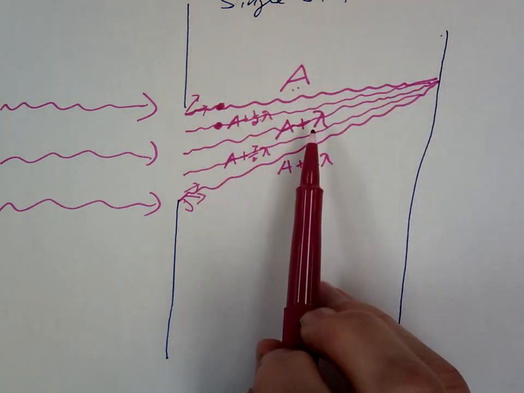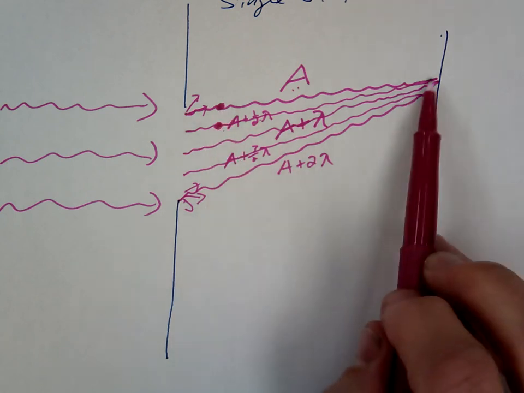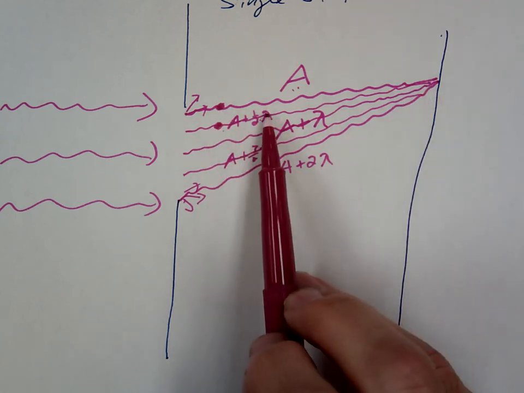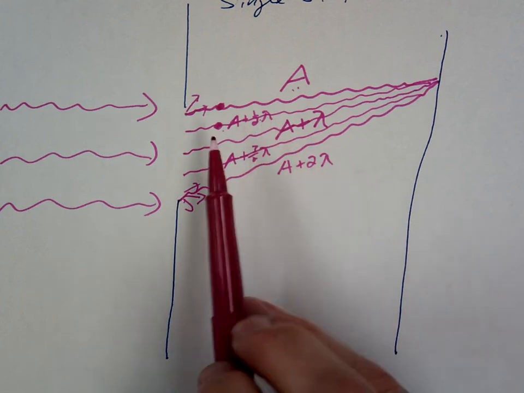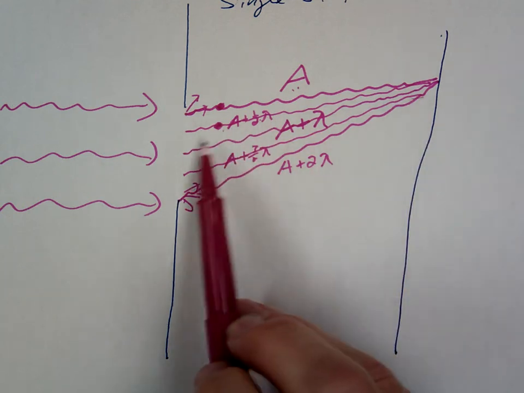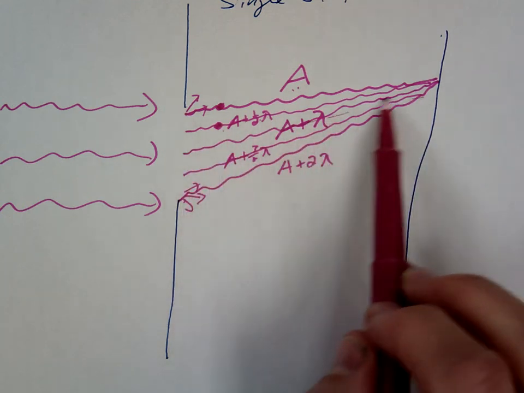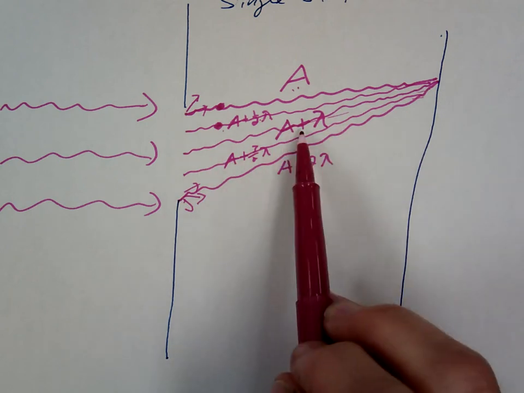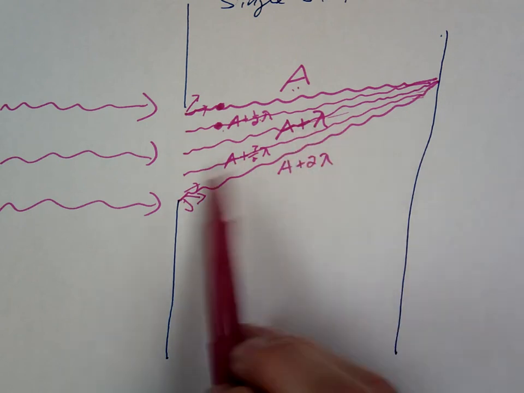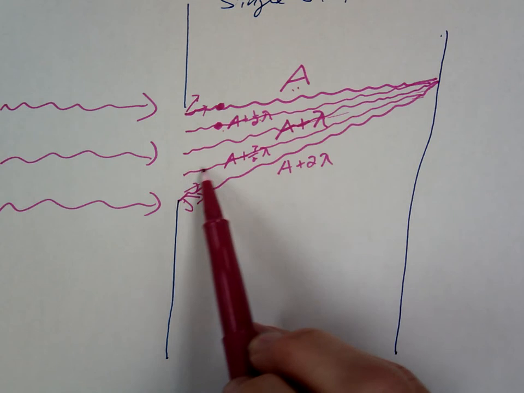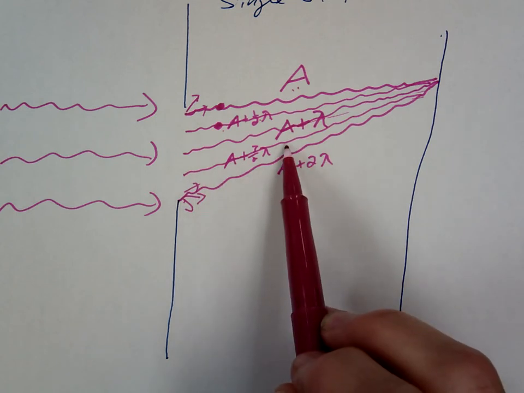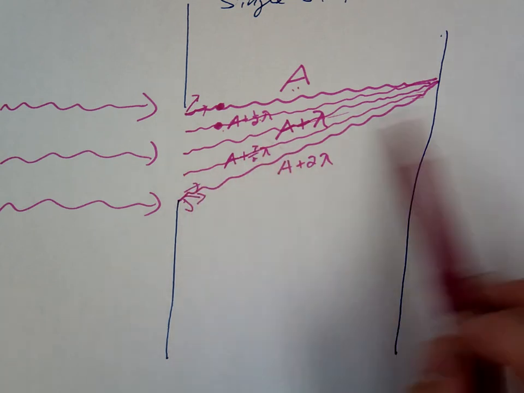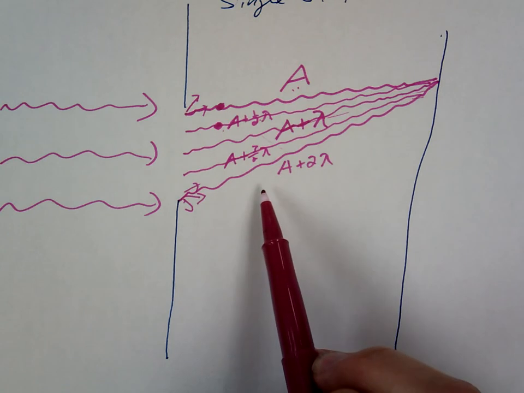They're going to destroy each other, because there's a half wavelength difference. What about this A plus a half and A plus a full? Destroy each other. What about this A plus a full and this A plus 3 halves? Destroy. What about A plus 3 halves and A plus 2? Destroy.